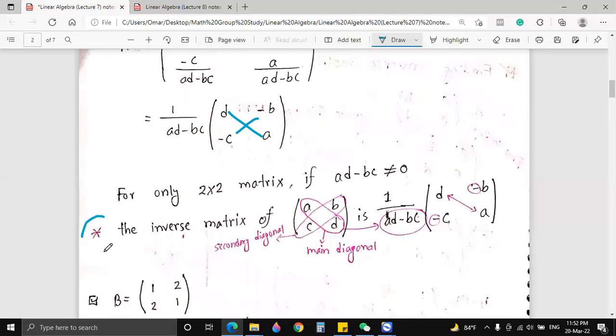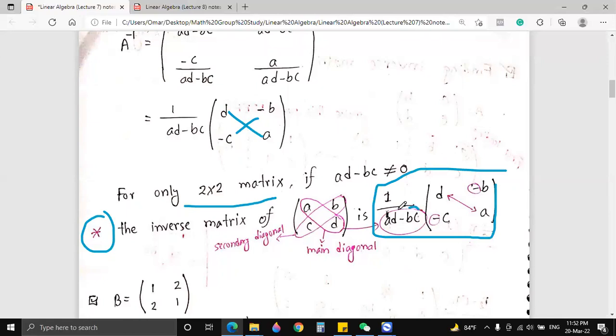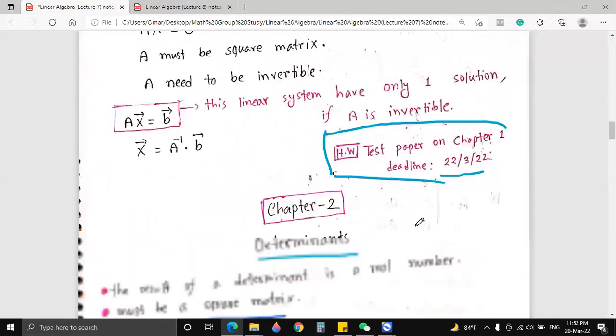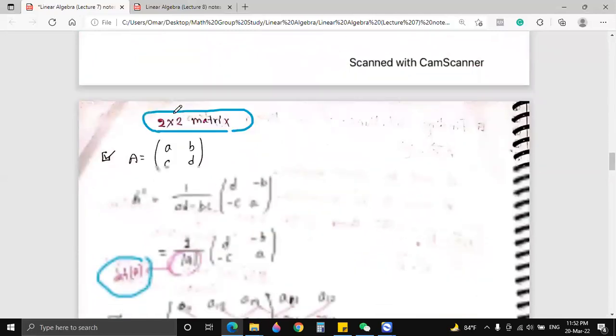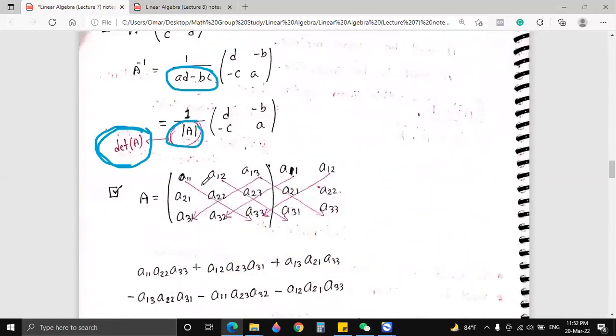This formula, for only a 2 by 2 matrix. So here, this AD minus BC was our determinant. We can write it either det A or modulus A, or absolute value of A.